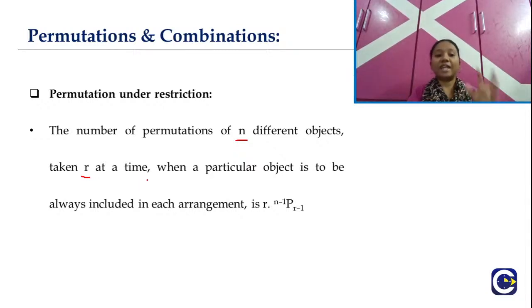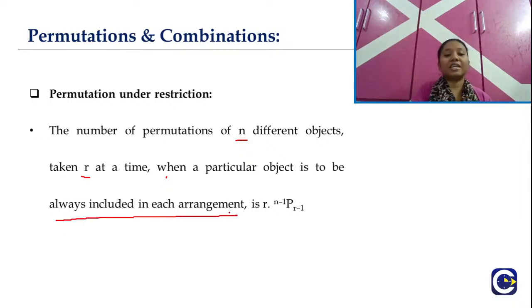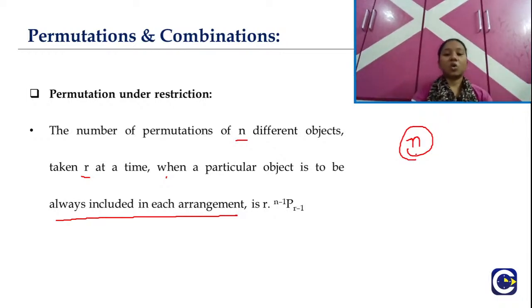But here in addition to that, we have one more condition, that is when a particular object is to be always included in each arrangement. So amongst these n different objects, one has to be always included.